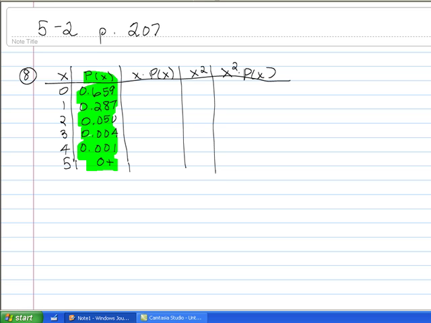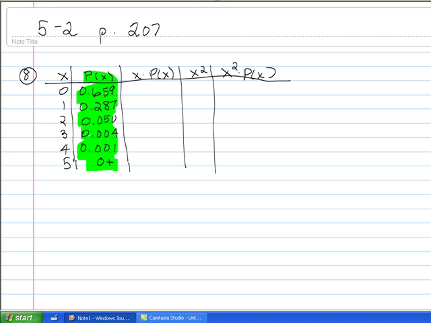Sometimes that occurs. Otherwise, if we get something larger than 1.001 or smaller than 0.999, then we do have a problem and we don't have a probability distribution.